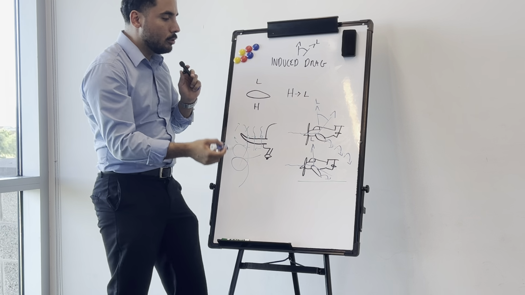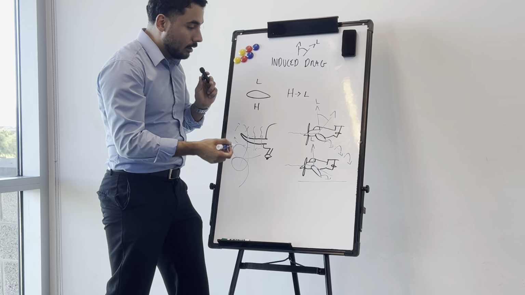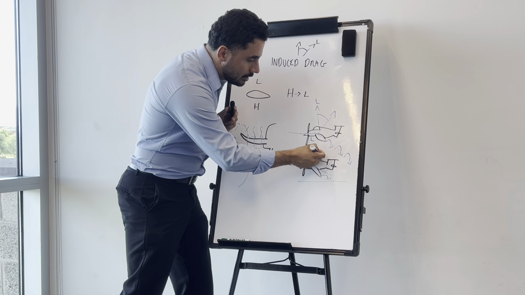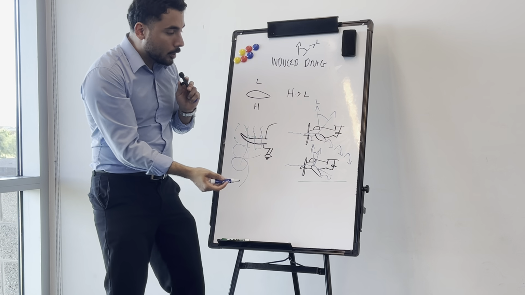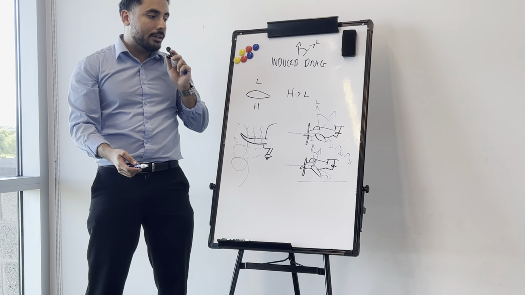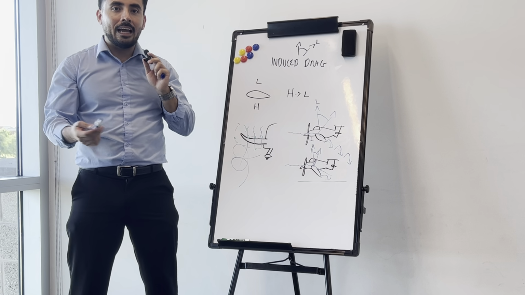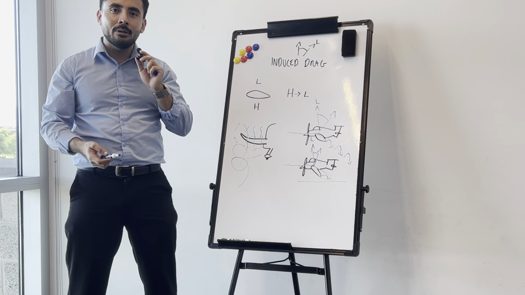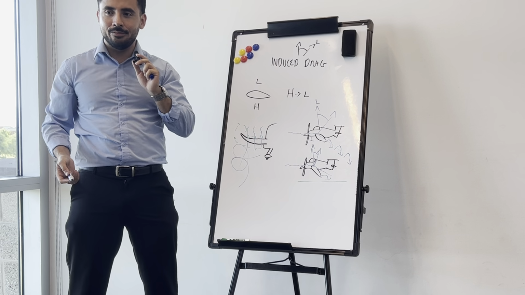But then since we have that new localized airflow or localized airstream created by the aircraft, the lift is actually 90 degrees perpendicular. And as you can see, in ground effect, the lift vector is tilted less aft, giving us an increase in performance. And that, my friends, is induced drag.